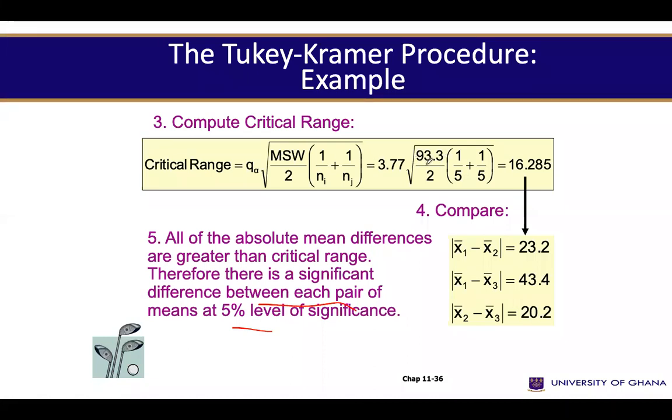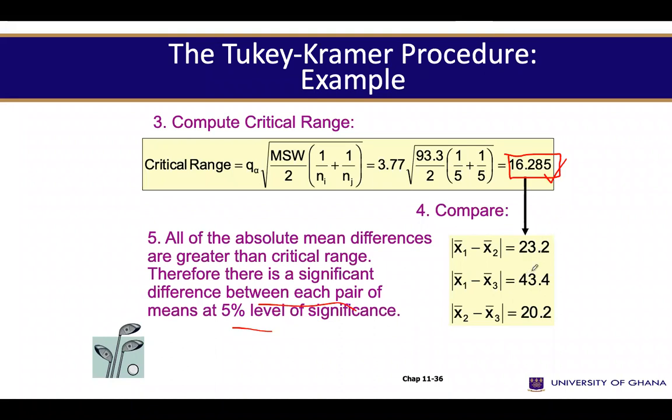You divide it by 2, and then the sample size is 1 over the first sample plus 1 over the second sample, and you solve, and then we have 16.285. So the critical range is 16.285. Now we are going to compare this 16.285 to each of the pairwise comparisons.